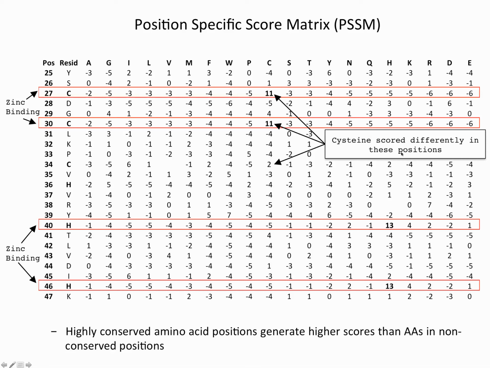This is a position-specific scoring matrix for the example that we are discussing, of zinc finger proteins. Here you can see that the first column specifies the location of the elements in the sequence.